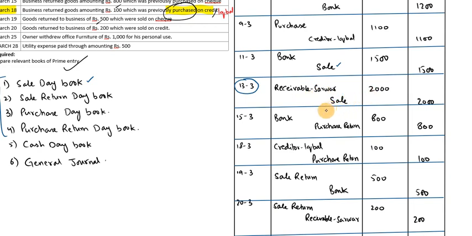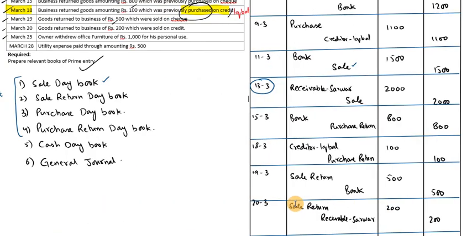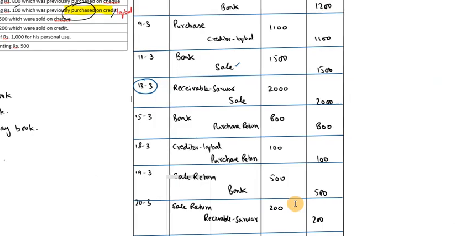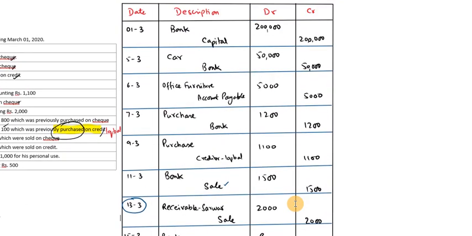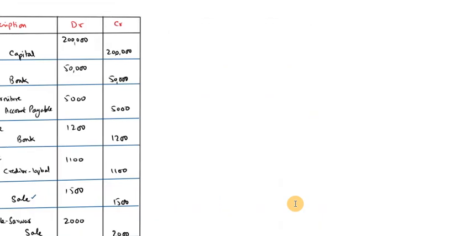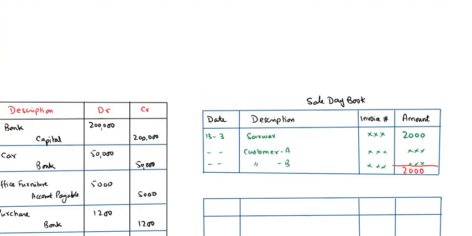So firstly I will make the sale day book journal. How to record this transaction? I am going to record it in this format. This is the sale day book.